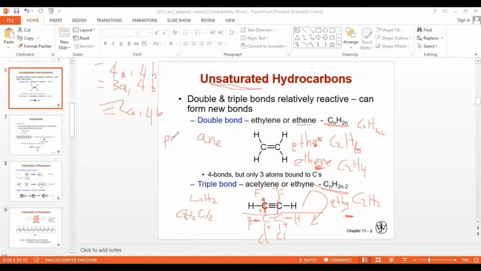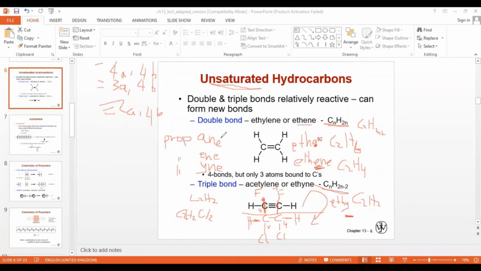So P-R-O-P-A-N-E, propane, right? The other one, P-R-O-P-E-N-E, that is propene. And the third one, Y-N-E, that is propyne, right? Propane, propene, and propyne.